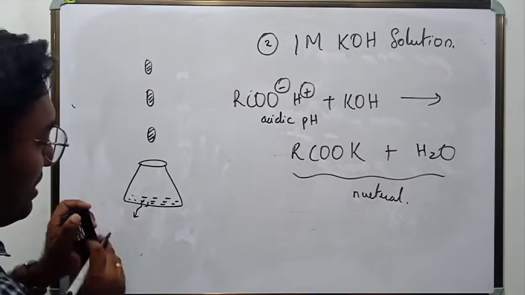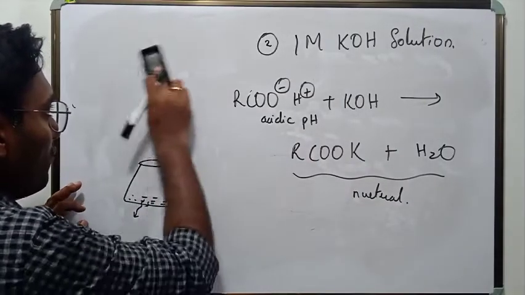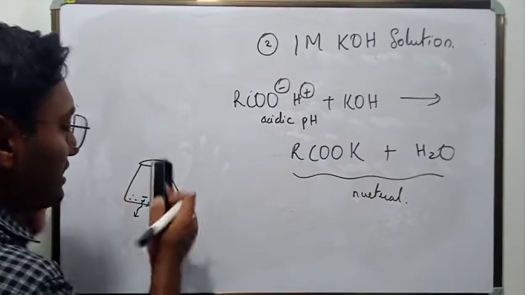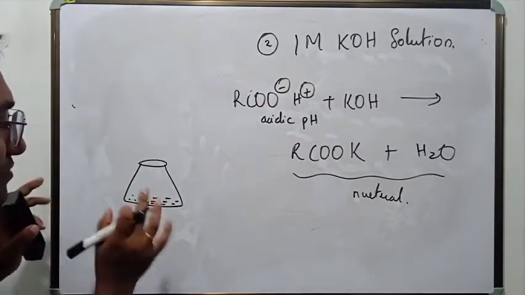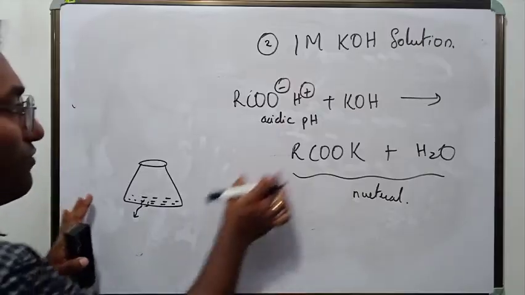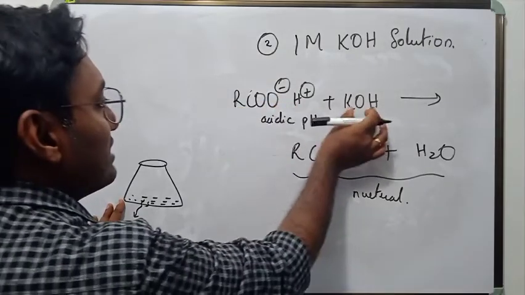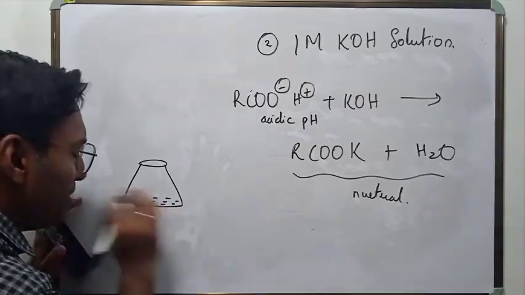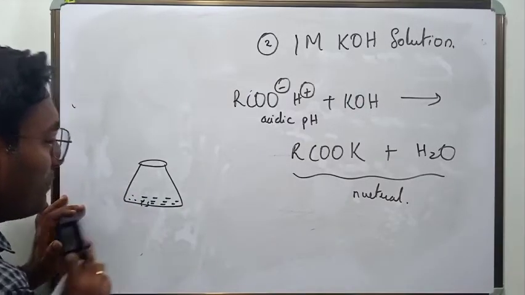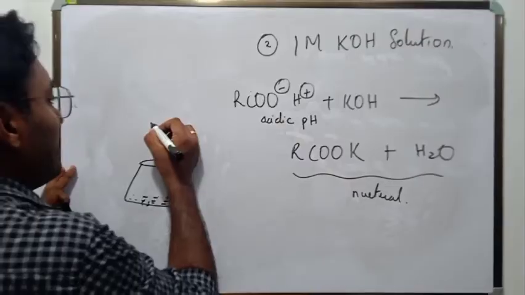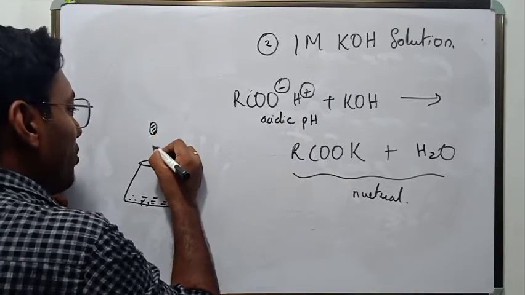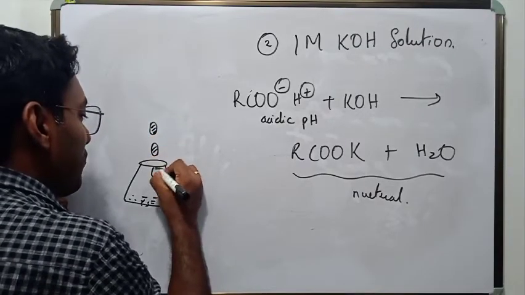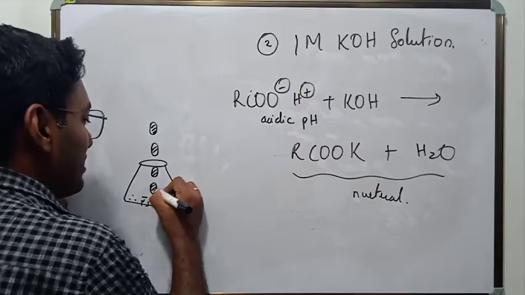There will be a point in this titration when the whole of the free fatty acid has reacted with KOH. At that point the solution will be completely neutral. The next excessive drop of KOH that will fall, what will it do?